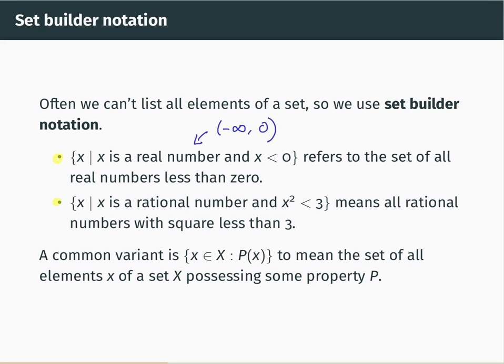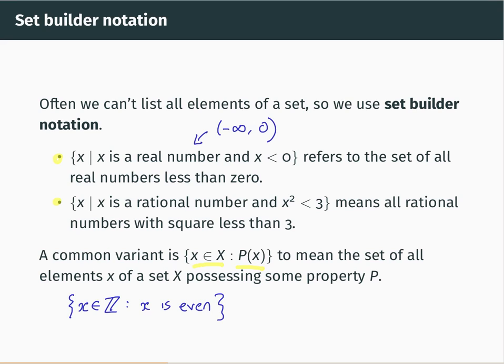A common variant on this set builder notation is where you write curly braces and then x in capital X and then P of x, where P is some property which may or may not be true for a particular thing, little x. To see an example of this minor variant, we might write x in Z, x is even. So here the property P(x) is the property of being even.